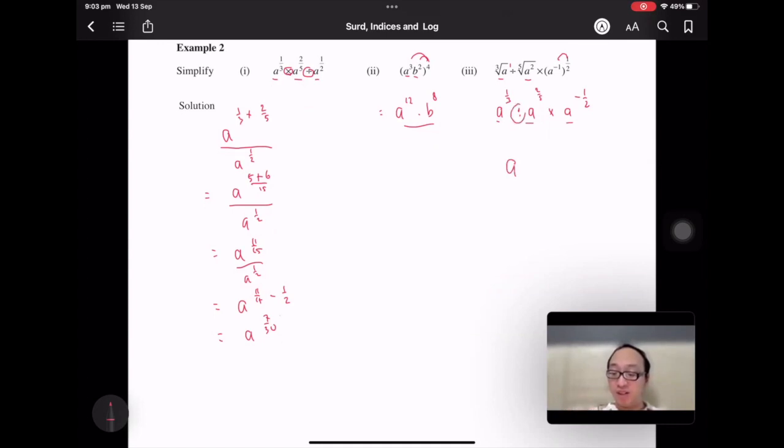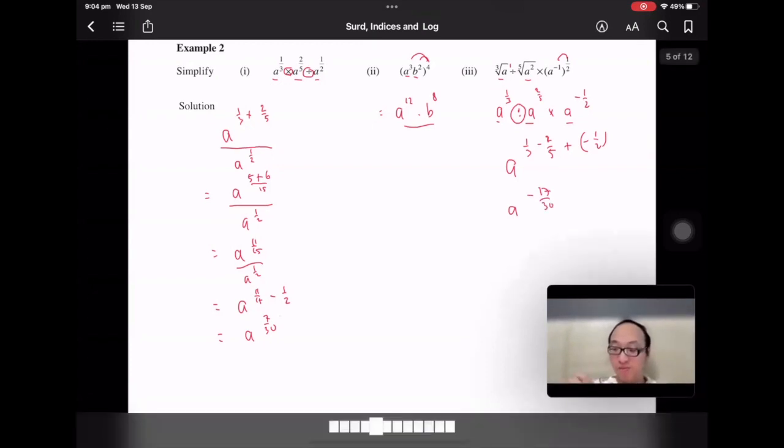This is division, so we subtract 1 over 3 minus 2 over 5. And then multiply, so we add negative 1 over 2. So this is 1 over 3 minus 2 over 5, and then minus half. So a to the power of negative 17 over 30. That's the final answer.